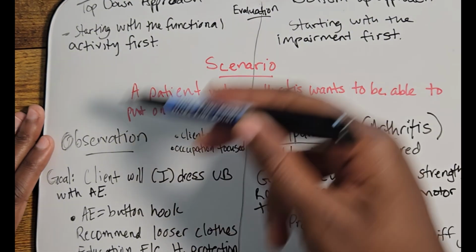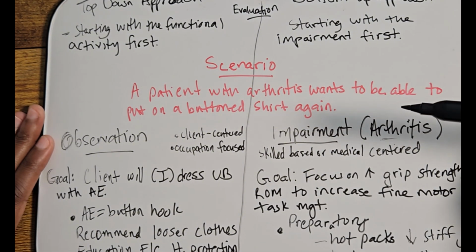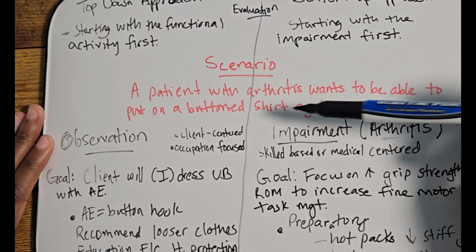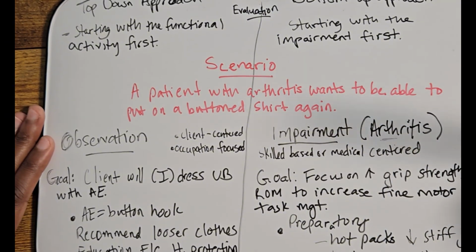So you see how it still comes back to what the client is looking for, which is being able to don a button shirt. It's just a different perspective of looking at it.